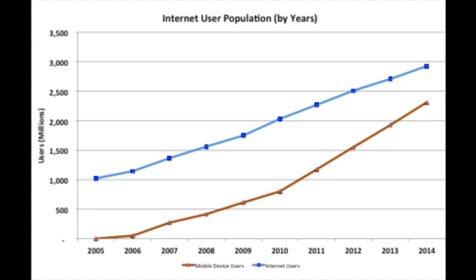We go all the way to 2014, and that number skyrockets to 2,250 for people using the internet on their smartphones, all the way to almost 3,000 using the internet on computers, devices, etc.